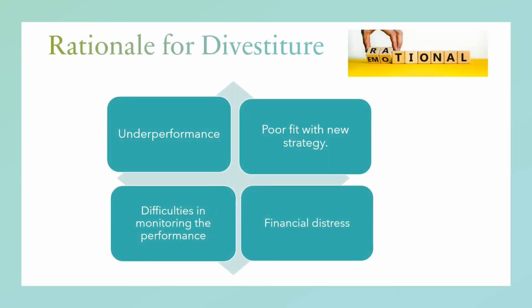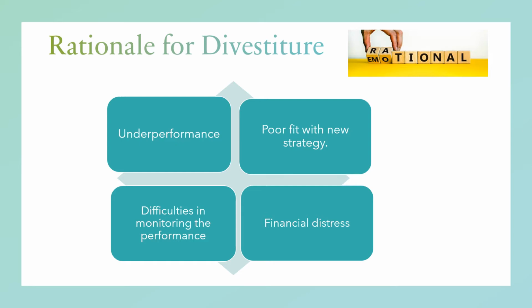In the context of divestitures, there are a number of factors that motivate divestitures. First, the divested division is underperforming in relation to its industry competitors or to other divested business. Second, the divested part has a poor fit with new strategy. The parent wants to concentrate on areas with the greatest competitive strengths.